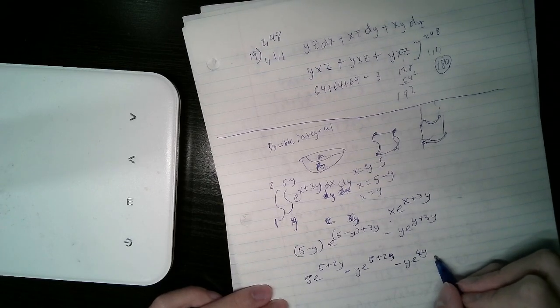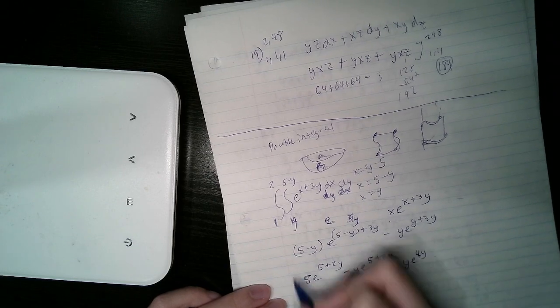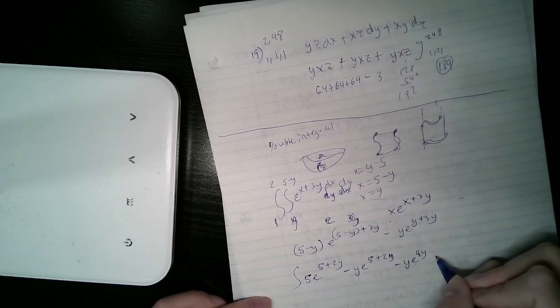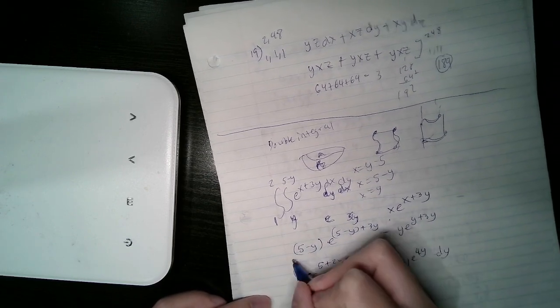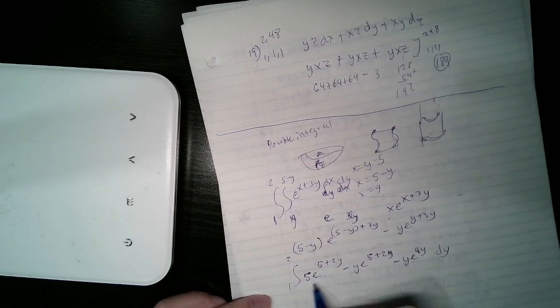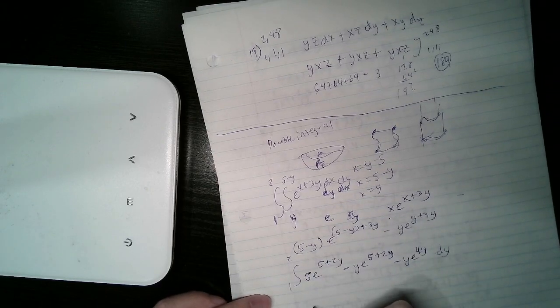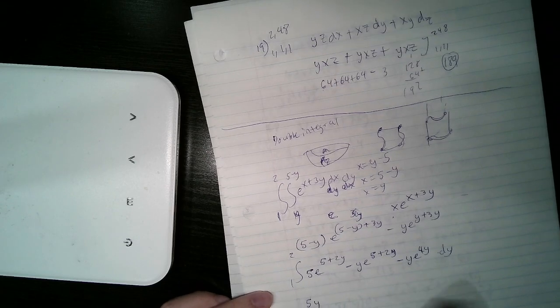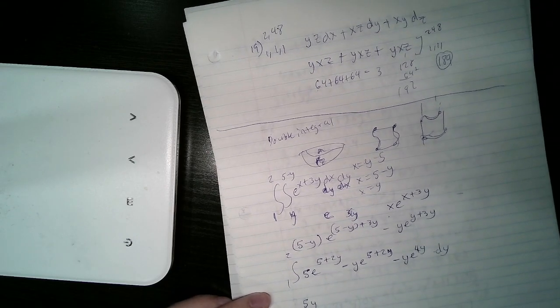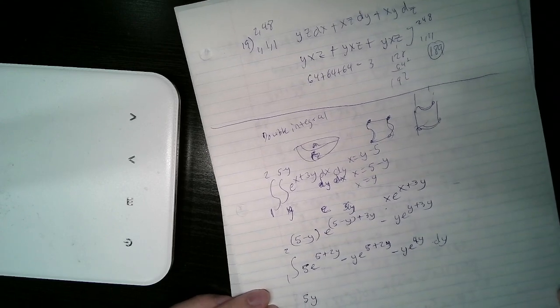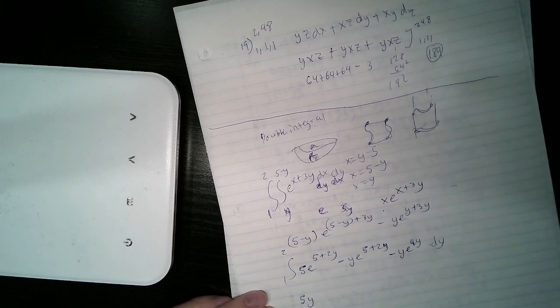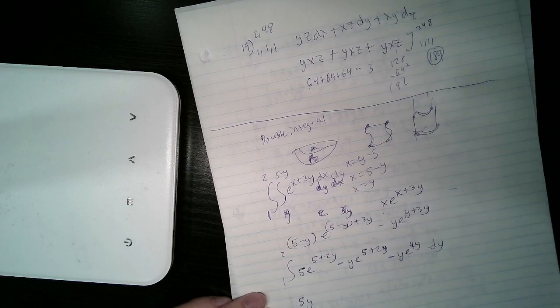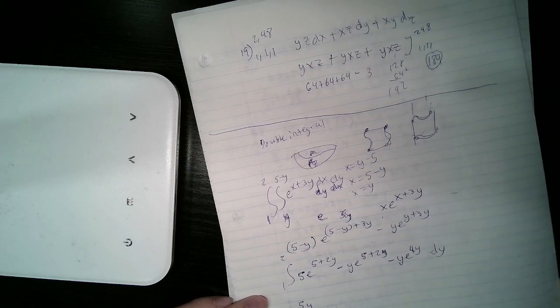Now you subtract it. Now you're supposed to take the integral of this with respect to y, which is already between 2 and 1. So now you take 5y. You're supposed to integrate it too, so basically I did everything wrong.